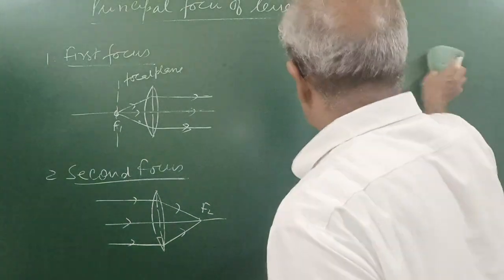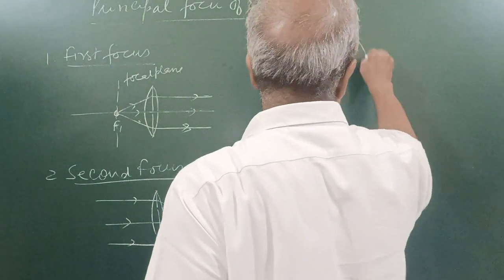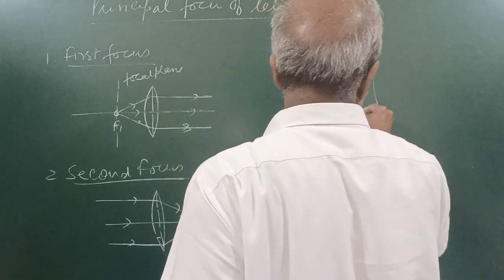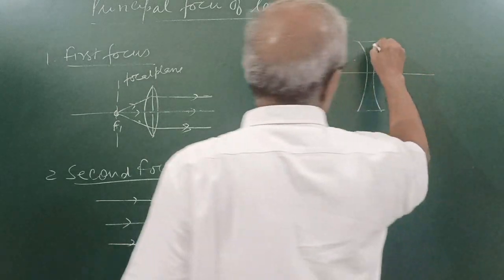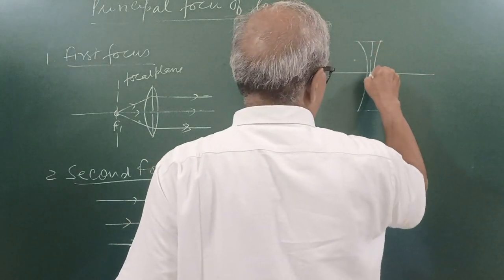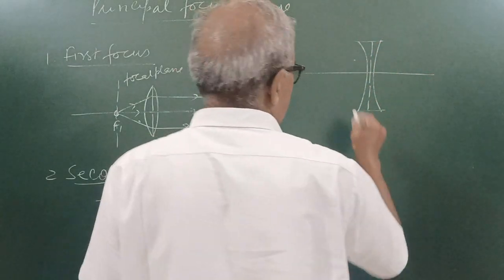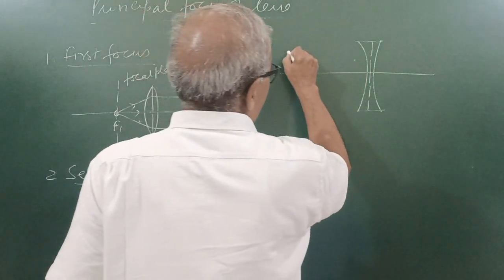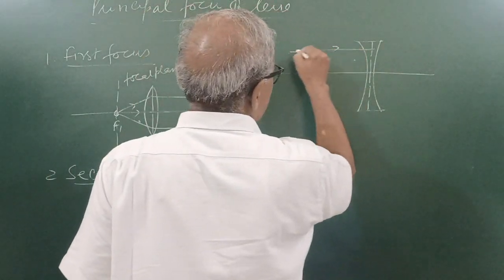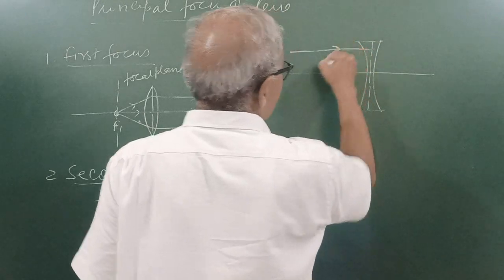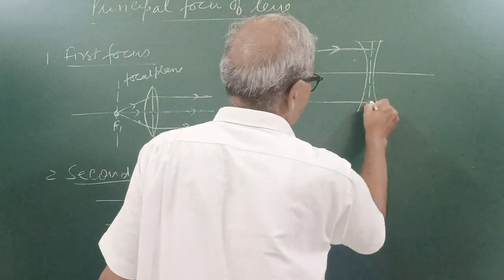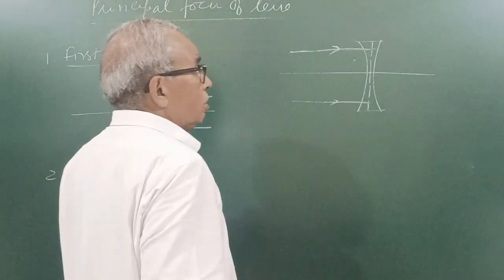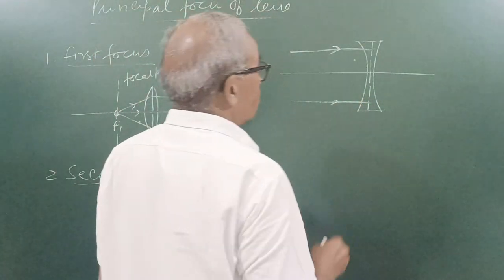In case of a double concave lens, draw the middle line, parallel beam. A concave lens is also called a diverging lens because it diverges the parallel beam. These rays after refraction appear to diverge from a point.